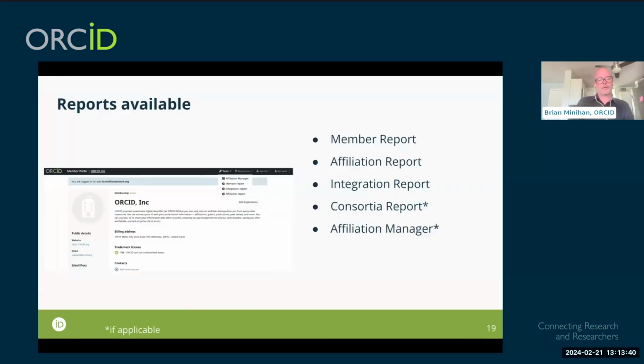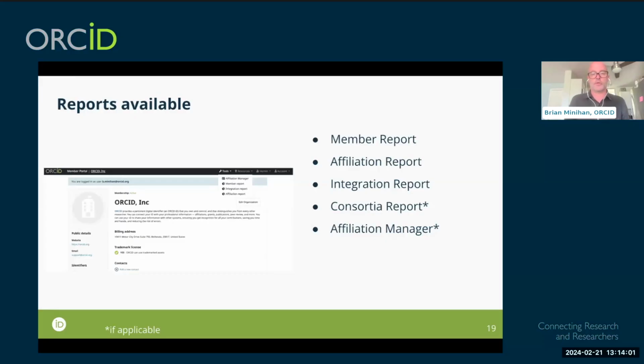Okay, good. Here we are to the reports. So this was the main point of the member portal, as I said, to add a bit of value on top of just something you connect to your local system. So at the moment, we have a member report, affiliation report, integration report.